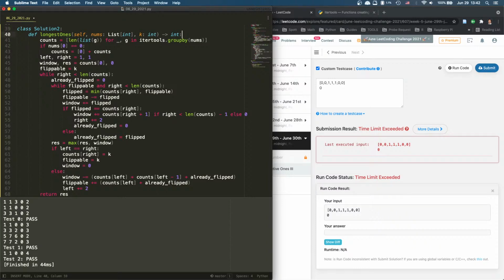So res equals counts 0. They're the same, so we reduce counts to 0. Flippable is 0, coming back up. It's all 0. Nothing is flipped.